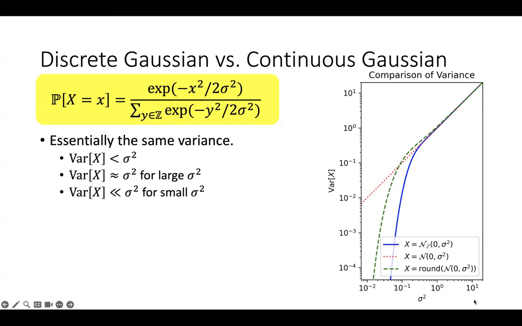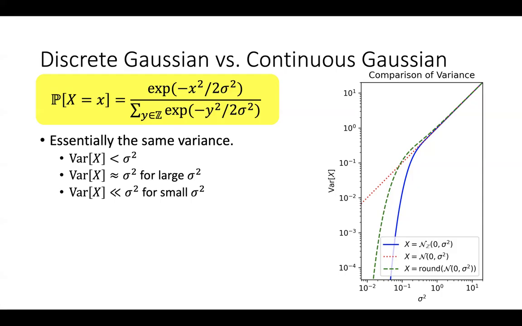On the x-axis, I'm changing sigma. On the y-axis, I'm showing you the actual variance. So the continuous Gaussian, which is the dotted red line, is just a y equals x relationship. We know that sigma squared is precisely the variance. The discrete Gaussian, which is the solid blue line, as you can see, is below the continuous Gaussian. So the variance is smaller. It's close for large sigma, but as sigma goes to 0, there is a divergence.